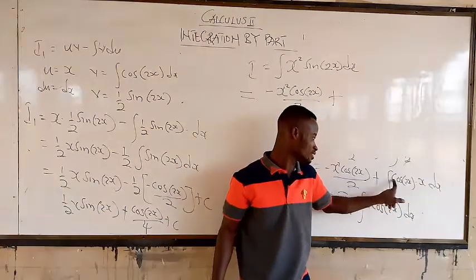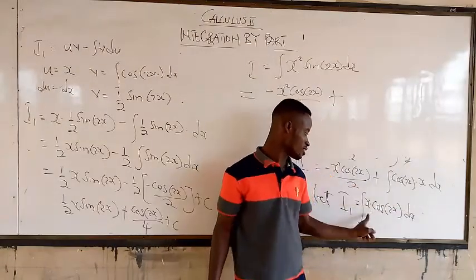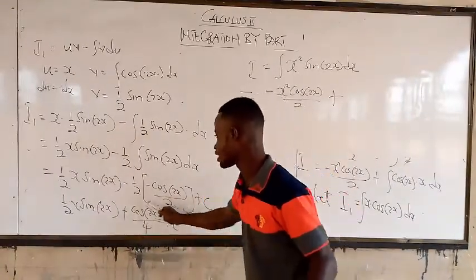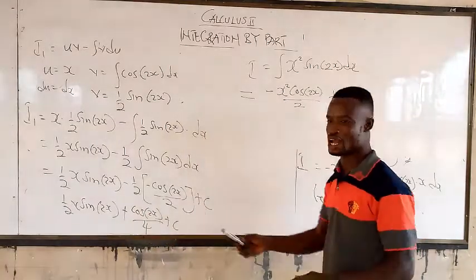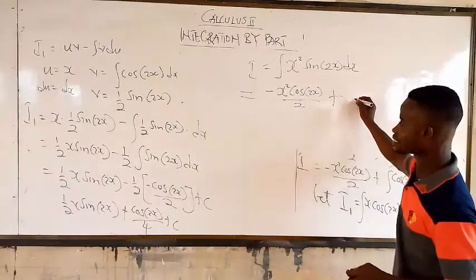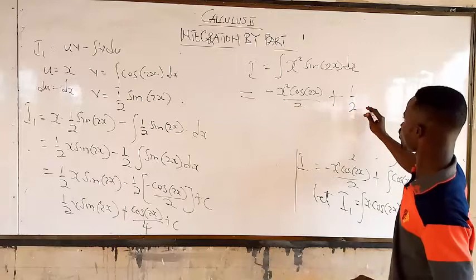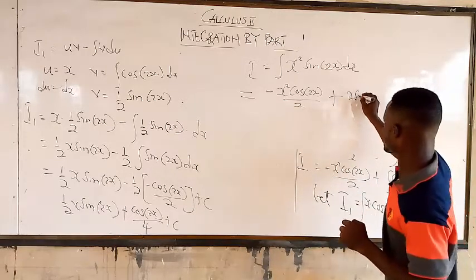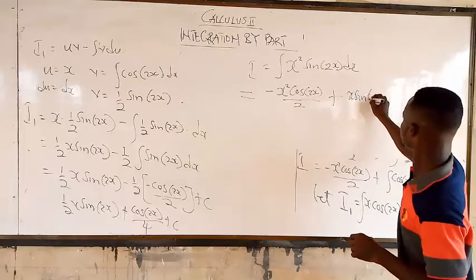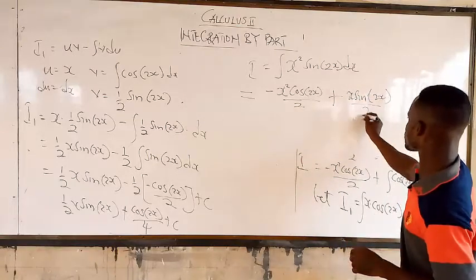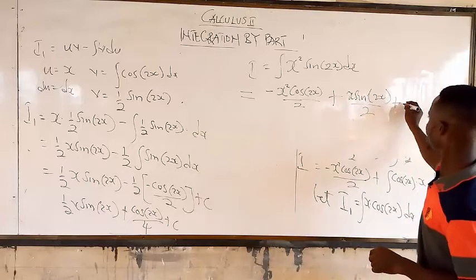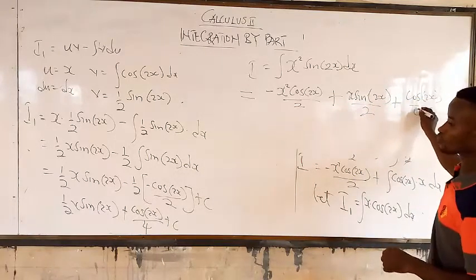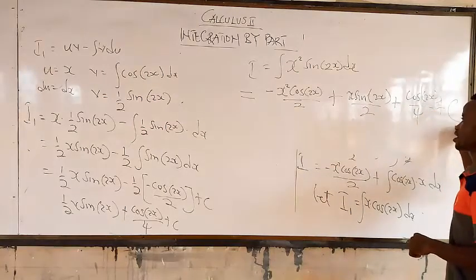This is the same as this. So plus I1. And what is I1? Plus half of s sine 2s all this over 2 plus cos 2s all this over 4 plus c.